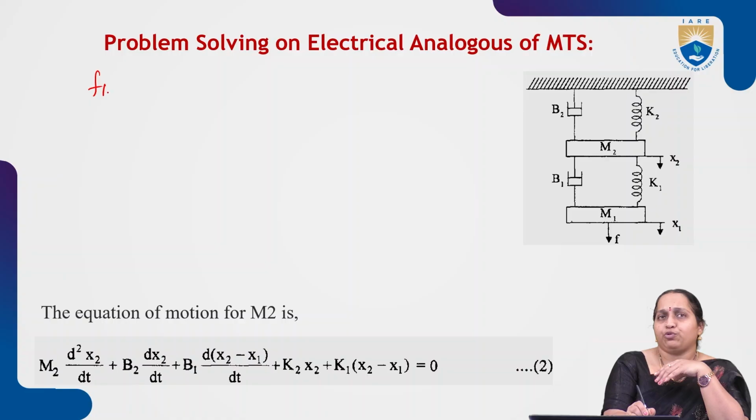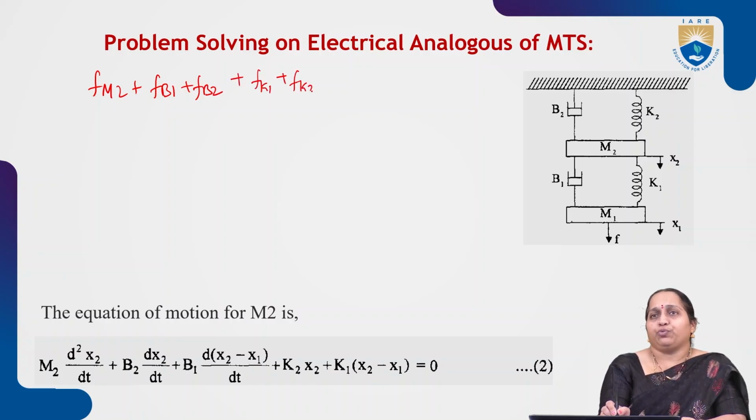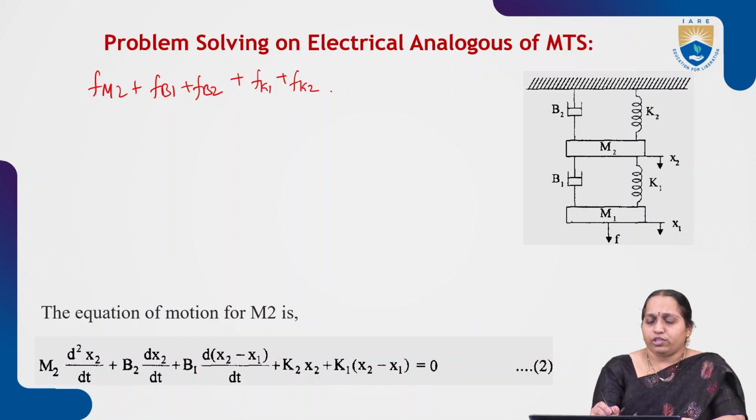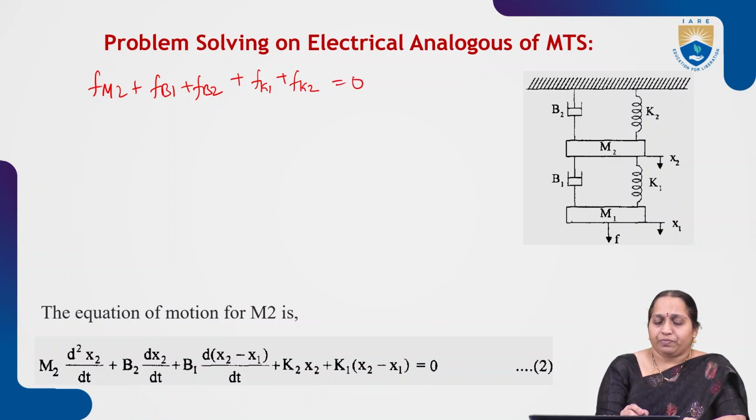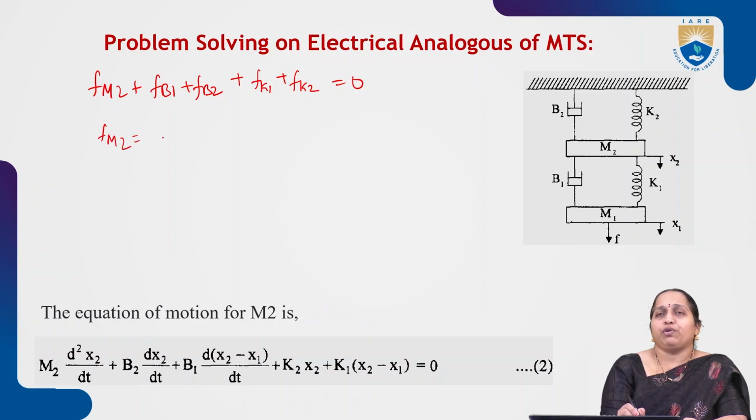That is Fm2 plus Fb1 plus Fb2 plus Fk1 plus Fk2 equal to 0. Coming to Fm2, what is Fm2? Fm2 is mass into acceleration, so m2 into d square x2 by dt square.